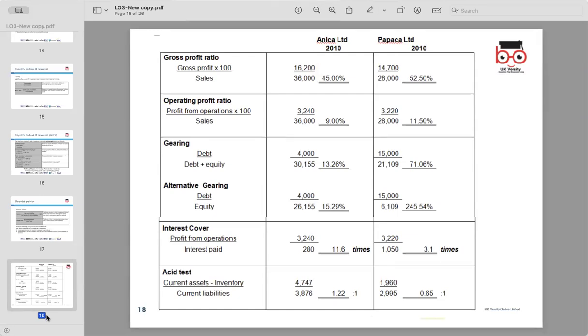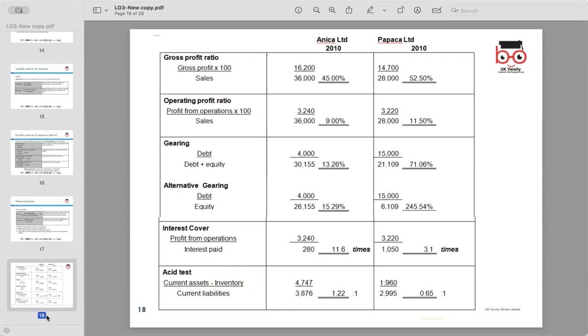So basically, these financial ratios provide valuable insight into the financial performance and risk profiles of Anisha Limited and Paprika Limited in 2010. Anisha Limited shows moderate profitability with a balanced capital structure and strong liquidity position.